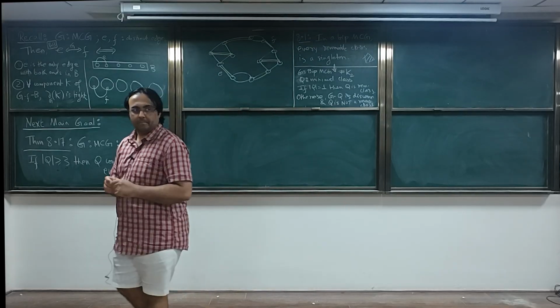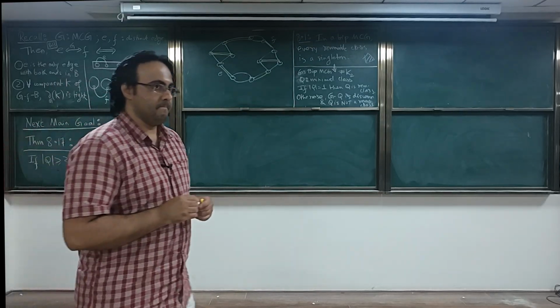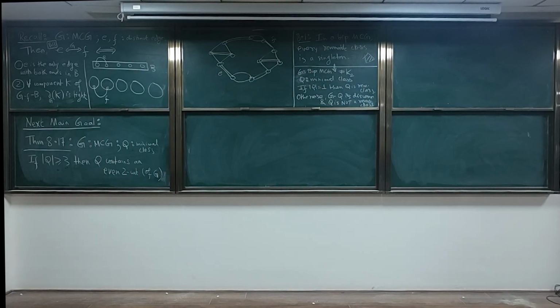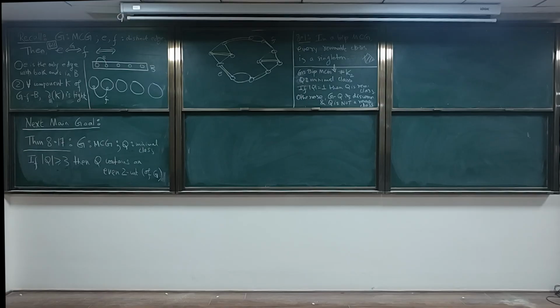You all agree? Right? Because the removable class we know is a singleton. Therefore, if it were not a singleton, then it shouldn't be removable. Therefore, the graph should be disconnected after I delete the edges of Q. Okay?